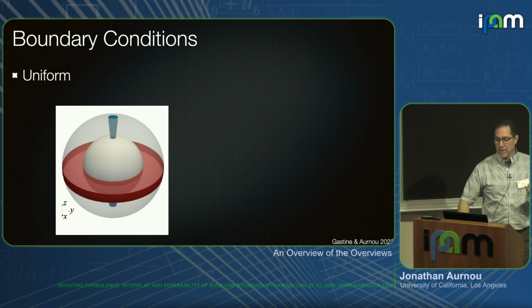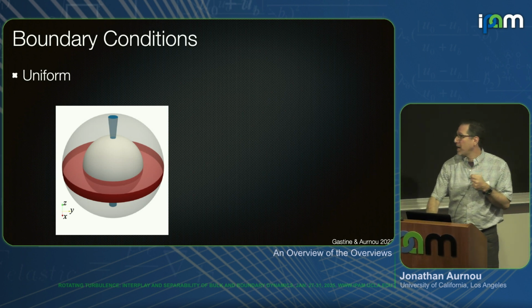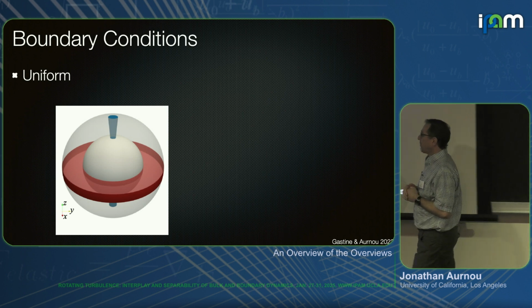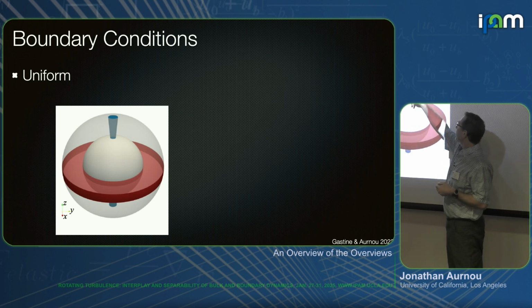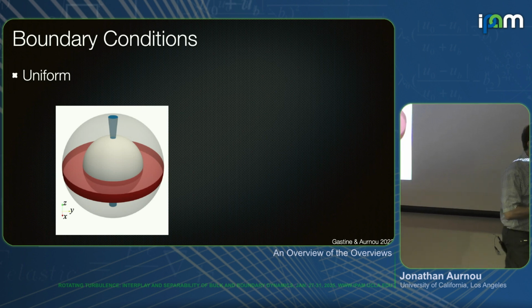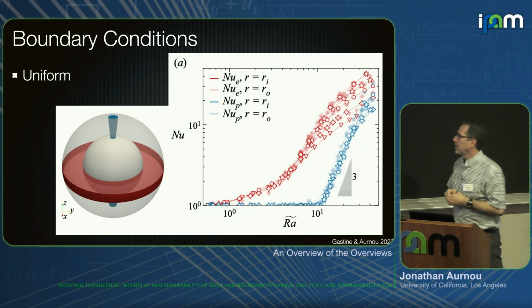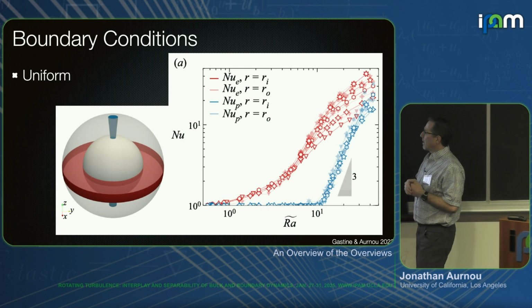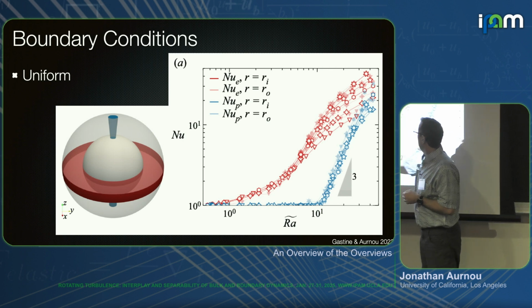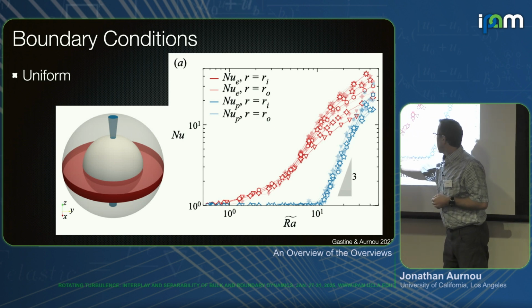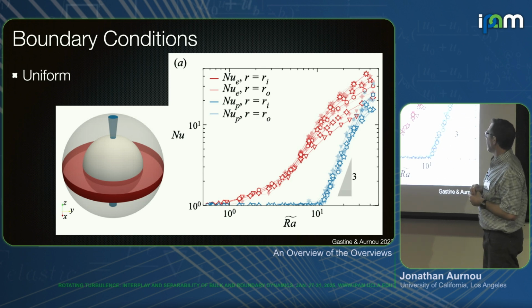It's not boring or simple. But if we do this in a sphere, and make measurements of heat transfer near the equator versus at the poles, then you get two different heat transfer universes. Near the equator, we get this red data, and near the poles, we get radically different data.